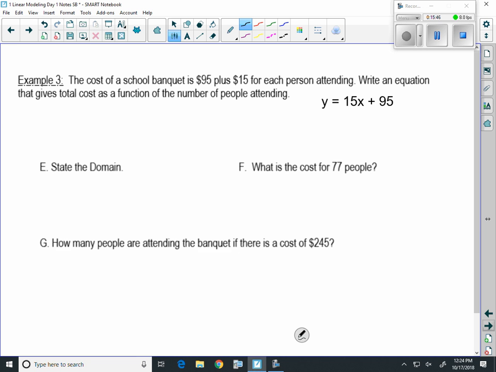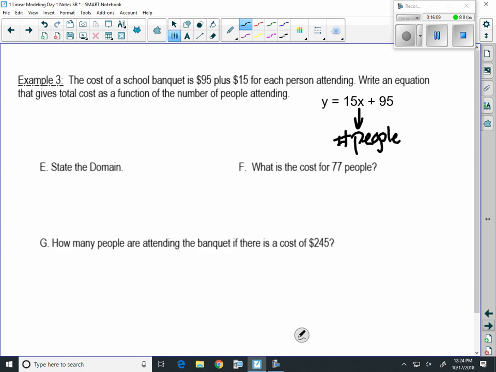All right, is that all there was for that one? No. Oh, we're on the same one. Okay, so state the domain. Ooh, interesting. Okay, so let's think about it. What does X represent? The number of people. Because we're taking $15 and multiplying it by the number of people.